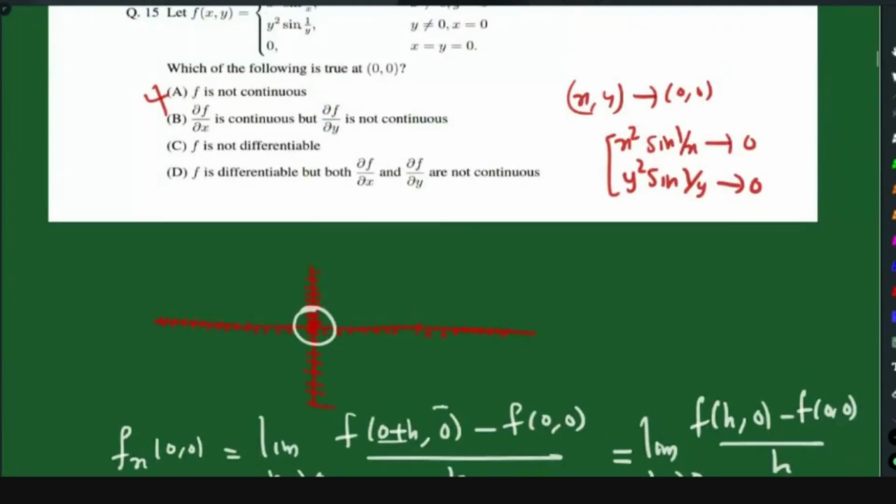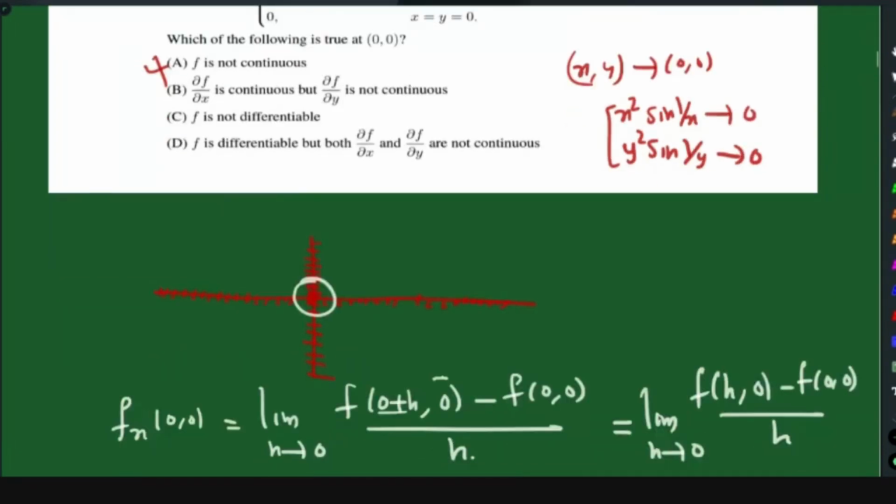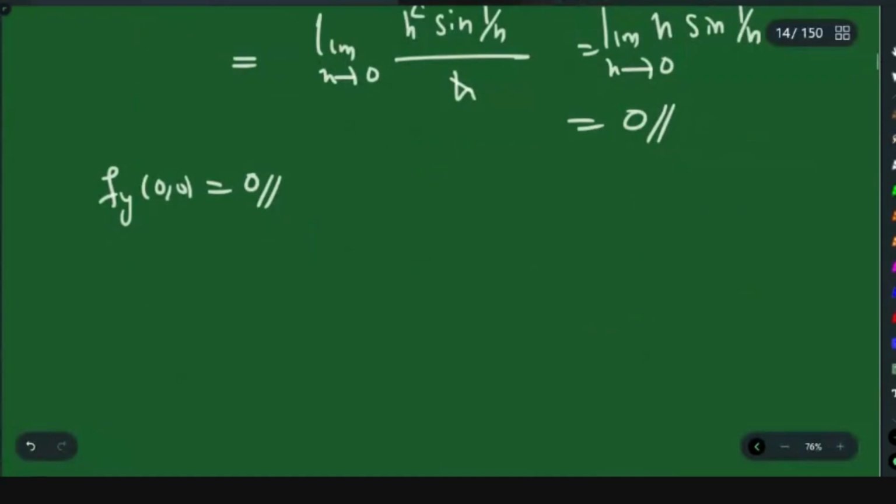What is ∂f/∂x? Tell me. You can just look at the function. On the x-axis, which is y equal to 0, your function is x squared sine 1 by x. Now you find ∂f/∂x on the x-axis. Directly you can find it. On the x-axis f(x, y) is x squared sine 1 by x.